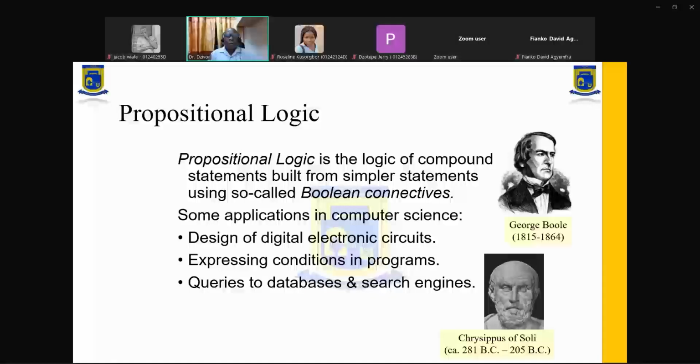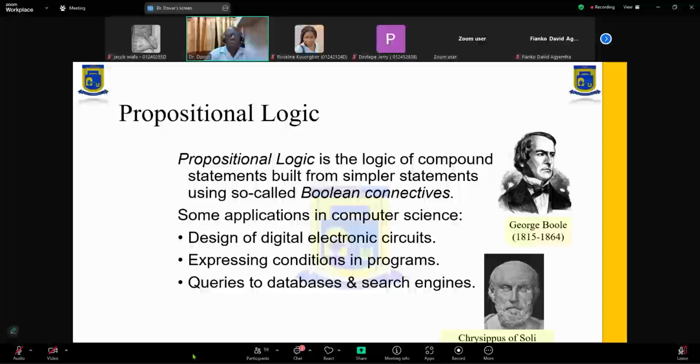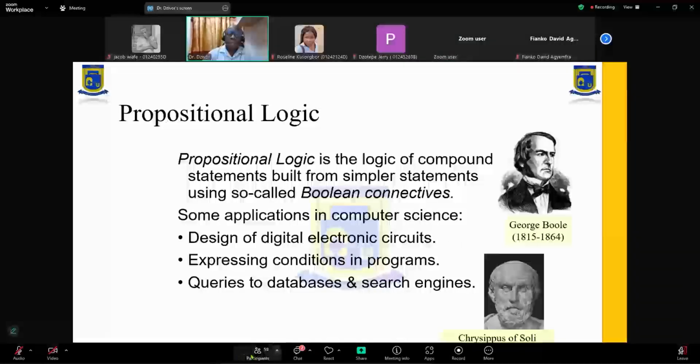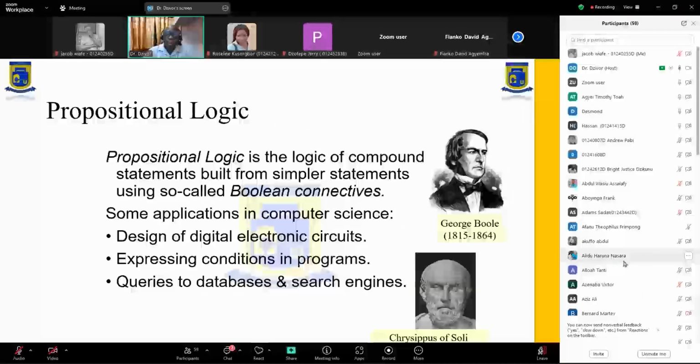So when forming a compound statement, we use connectives to connect simple statements to get a compound statement. The connectives that I use are called Boolean connectives.